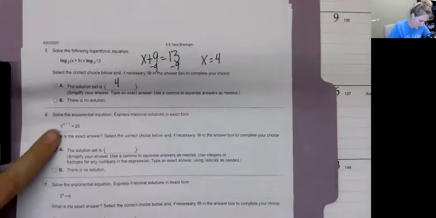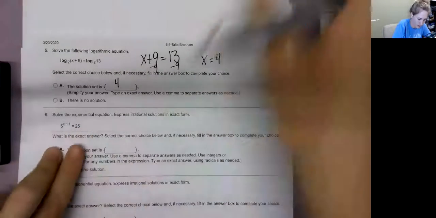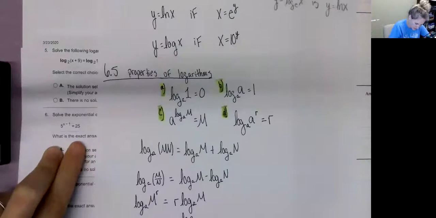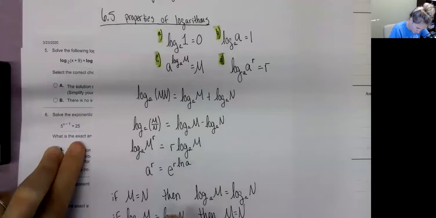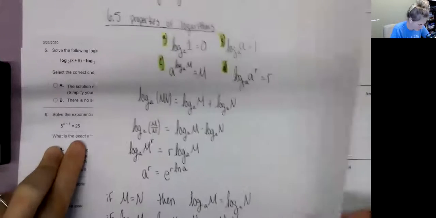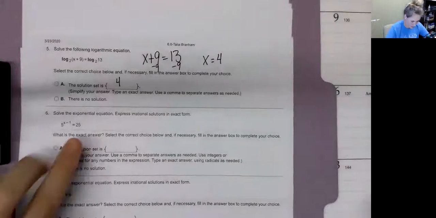And on this one we have 25, and if we get the same base for both of these, we can use, not on this paper. I don't see it. Well, it's exponential, so we can use this one right here.